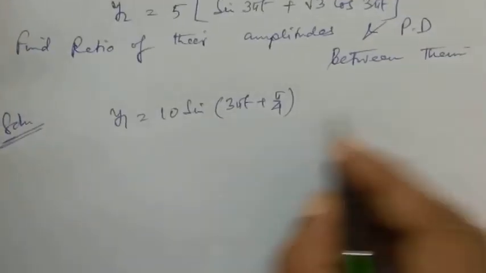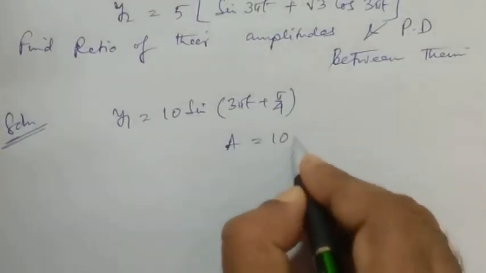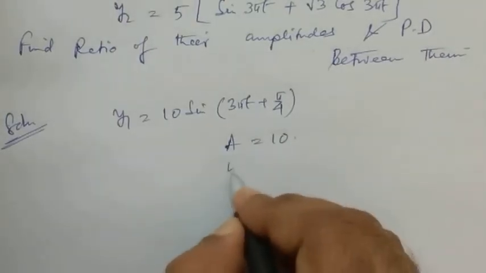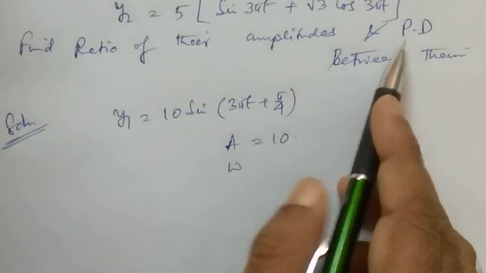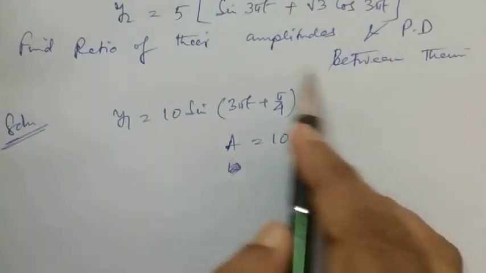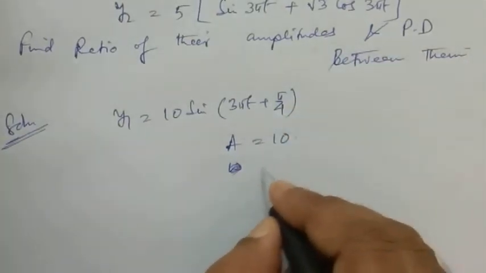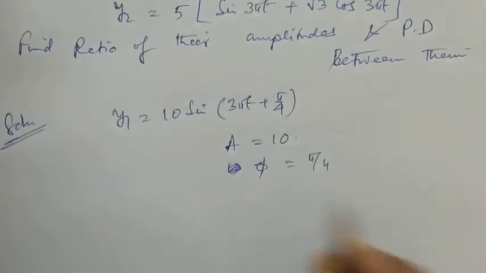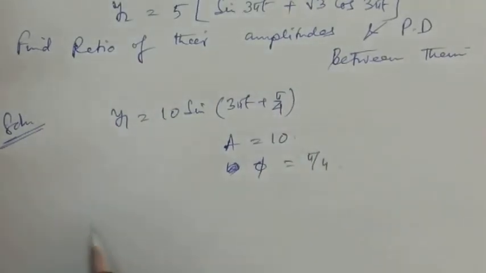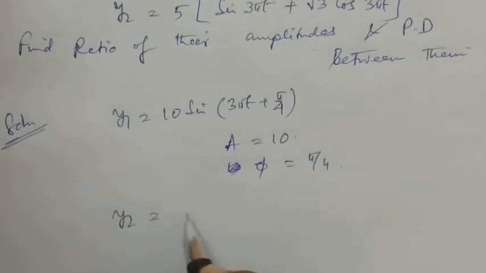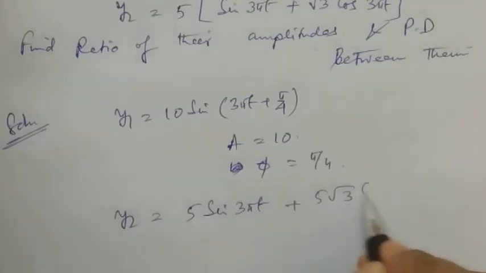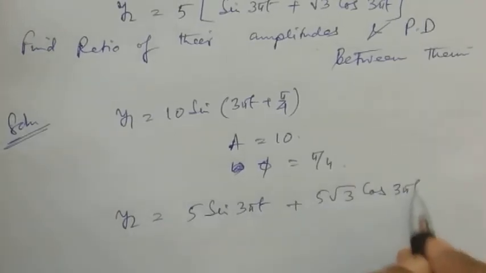So from this we can write the amplitude as 10 and the phase is pi by 4. For the second equation, y2 is equal to 5 sine of 3 pi t plus 5 root 3 cos of 3 pi t.